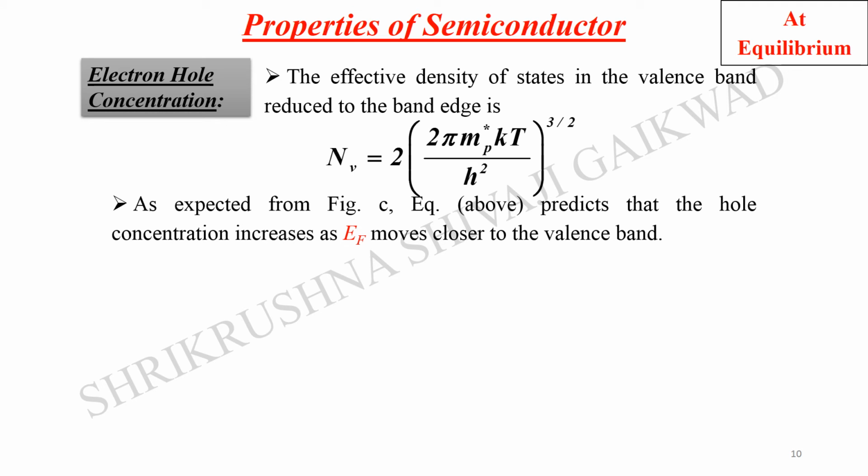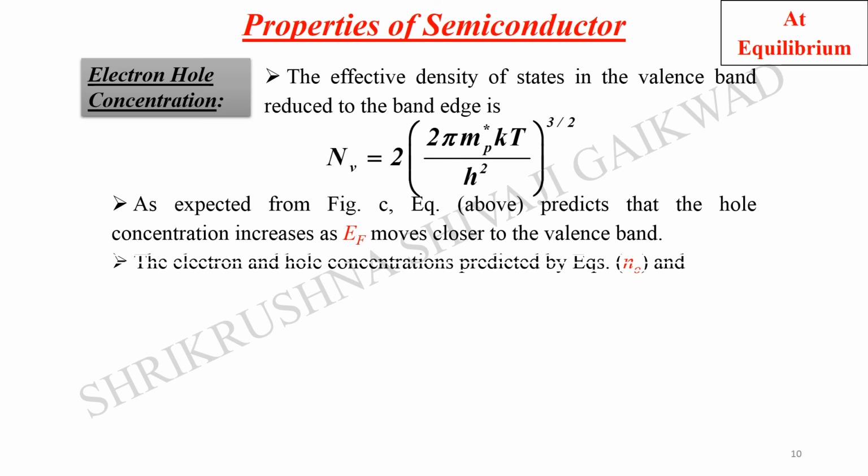As expected from figure 3, the equation predicts that the hole concentration increases as E_F moves closer to the valence band. Obviously this difference, E_F minus E_V, gets smaller and smaller, so that the exponential of the negative term gets a higher and higher value.